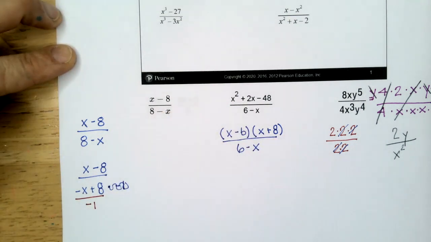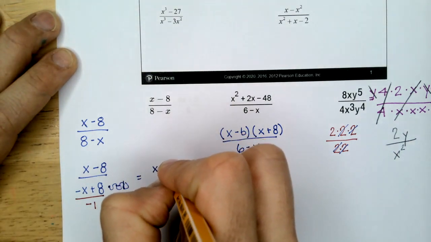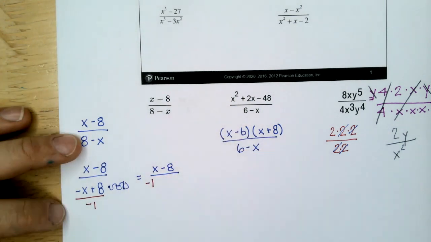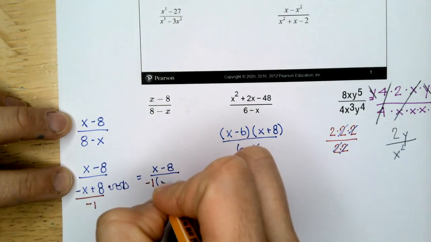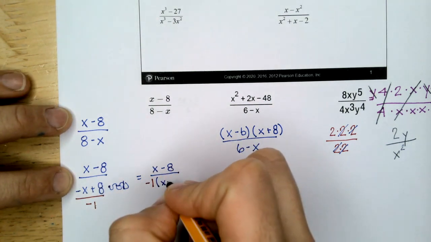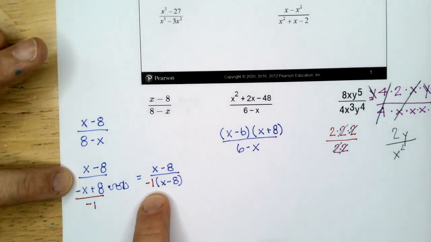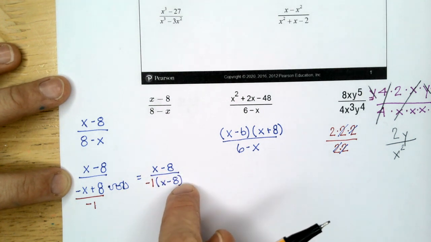All right, so now that becomes x minus 8 on the top, and then I have a negative 1 factored out of negative x divided by negative 1 is a positive x. Positive 8 divided by negative 1 is a negative 8. So do you see how, because I factored out a negative 1, I got the same term on the top and the bottom?